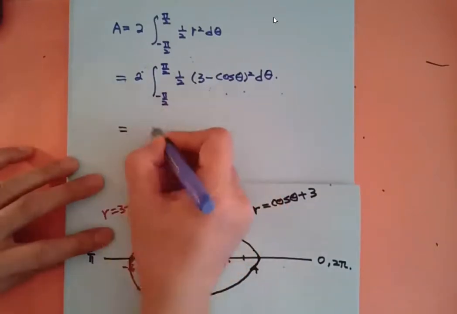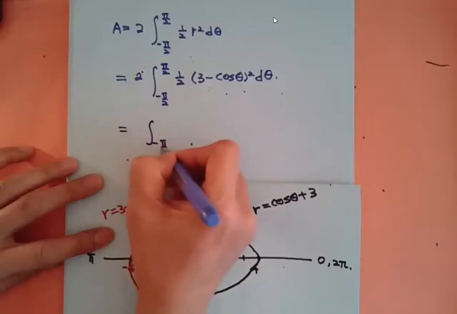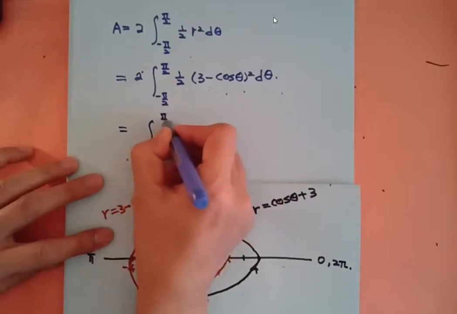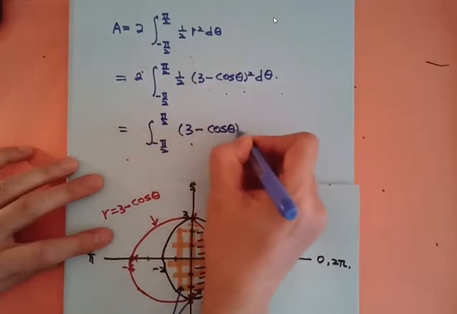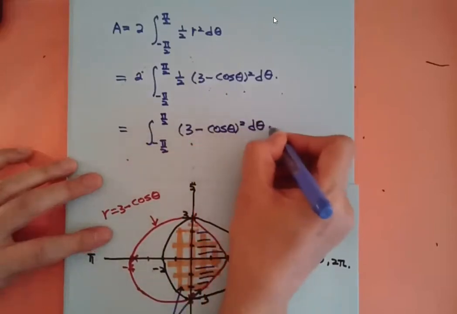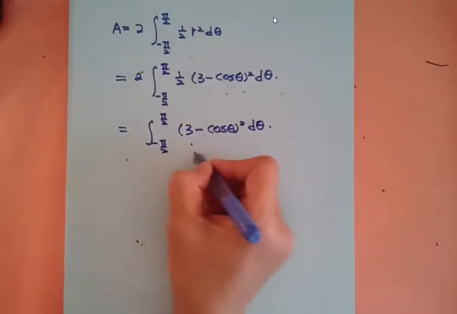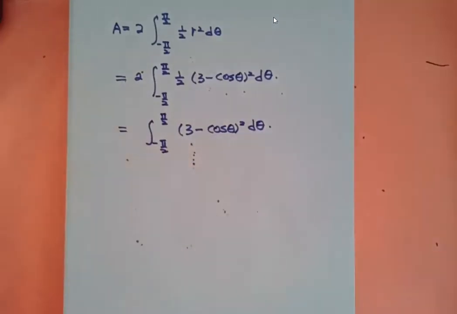So that becomes the integral from minus pi over 2 to pi over 2 of (3 minus cosine of theta) squared d theta. And then this becomes a usual calculation, which you can finish. So in today's lesson, I explained the setup process, which is extremely important, and the remaining part will be calculated by you.